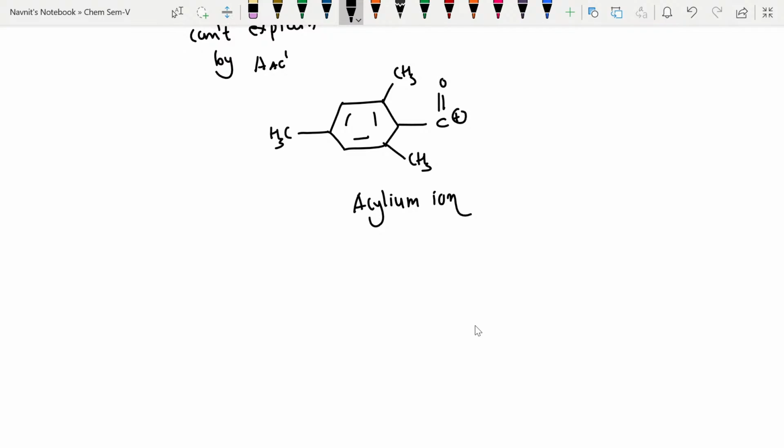Now this acylium ion is stabilized by the lone pair of this oxygen, because this oxygen contains two lone pairs, and this carbocation contains a vacant p orbital. So when this lone pair is donated to the vacant p orbital of this carbocation, what do we get? We get one resonating structure like this.